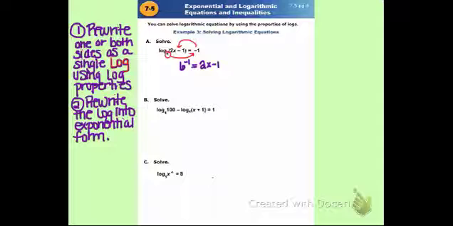Now 6 to the negative 1 power, I know that that's 1/6. So this really means 1/6 is equal to 2x minus 1. And now I can solve that just by adding 1 to both sides. So if I added 1 to both sides, that would give me 1 1/6 on this side, or 7/6. I guess you could write it as 7/6, or 1 1/6.